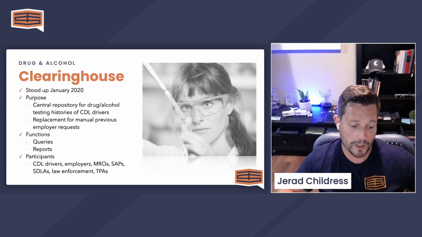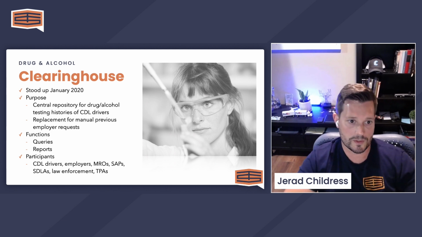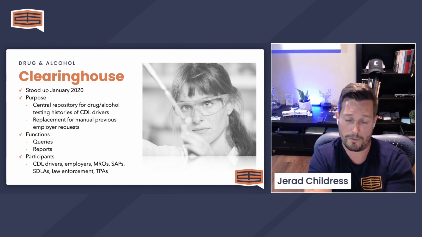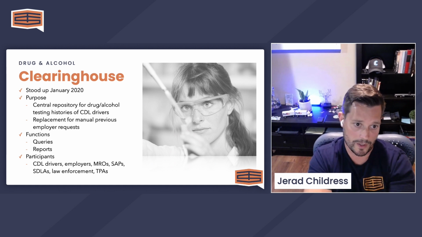So you run your annual limited queries, which is the cadence that you need to run. Every 12 months, every CDL driver has to have a limited query run. And if any one of those CDL drivers comes back with information in the Clearinghouse, then again, you as the motor carrier have 24 hours to run the full query. And now that full query is going to reveal whether that driver is in a prohibited status or not prohibited status, which is the rub here.